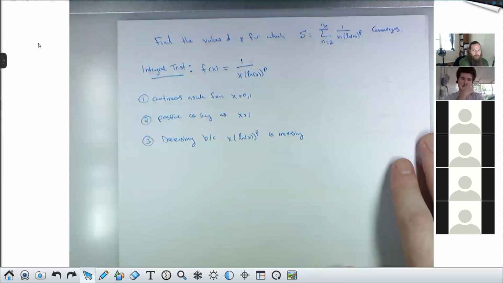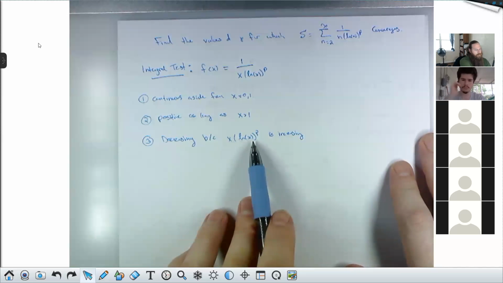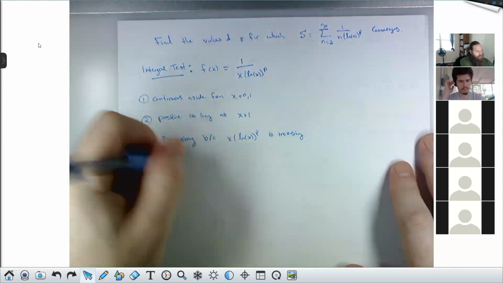And I'm going to eschew those details here. But you might want to think a little bit about why that's the case. You might want to look back at the first problem that we did in class to make the argument about those details. Specifically, this last guy is a little bit subtle, but I would say x is increasing.